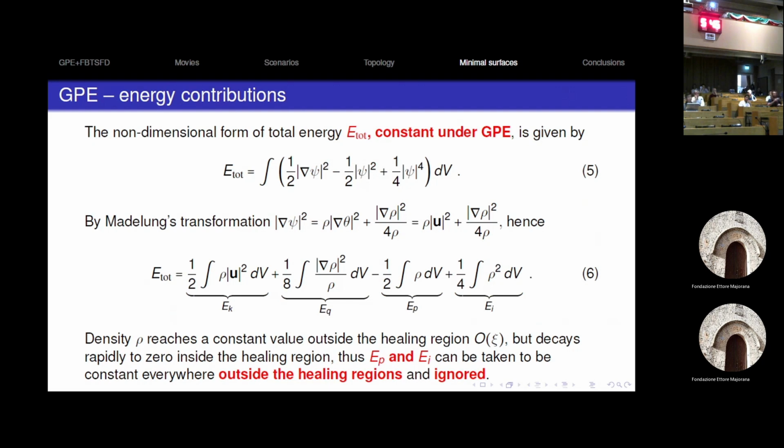Now, if the density is almost constant, which happens just outside the vortex tubes, where density reaches the value of 1 quite quickly, the last 2 parts are just a constant contribution. And so where there is a gradient of the density, kinetic and quantum energy play a bigger role.